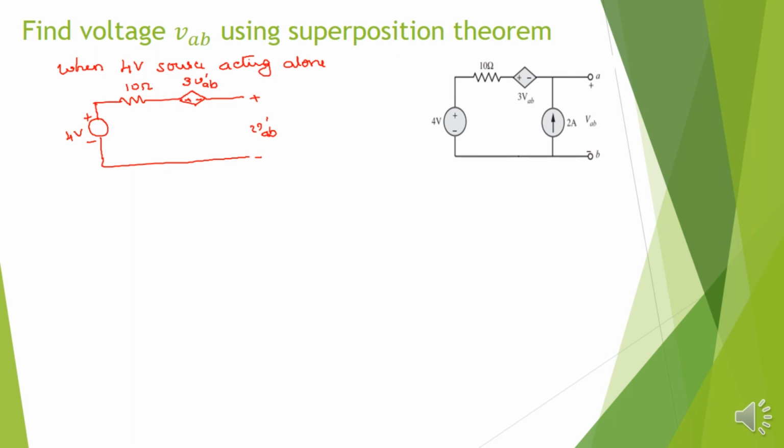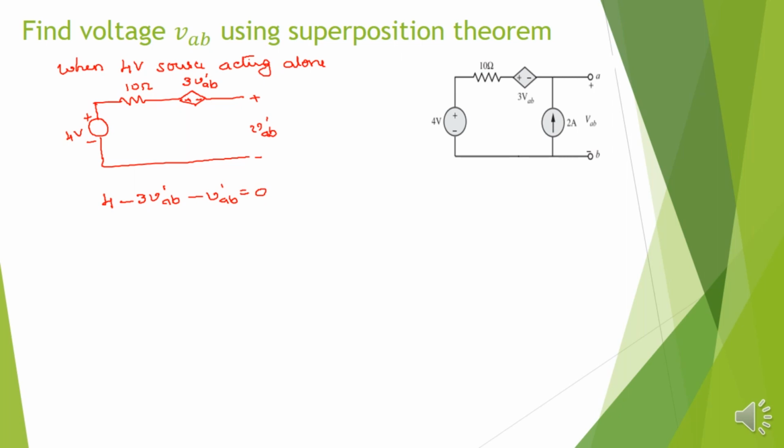The current through this 10 ohm is connected to open circuit, so current is 0. So apply KVL: 4, this voltage drop is 0, plus to minus, minus 3 VAB dash minus VAB dash equal to 0 by applying KVL to this loop.